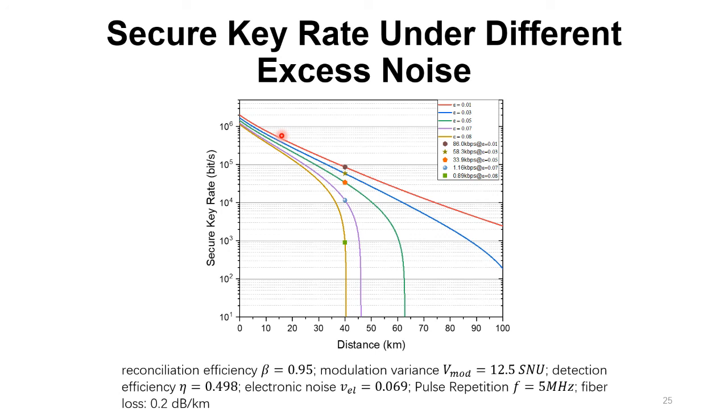Excess noise will largely reduce the performance of the QKD system. When excess noise is larger than 0.03, the key rate drops sharply. When the excess noise is 0.08, the key rate is only 0.89 kbps over 40 kilometers.